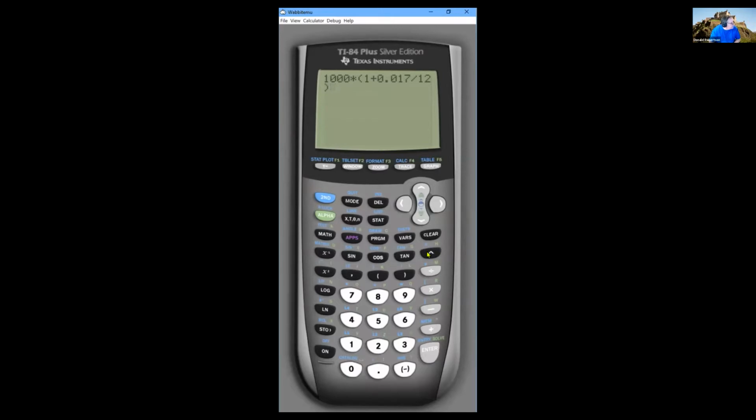There's that caret button, raised to the power. I put a bracket around there just to be safe and go 12 payments over a period of 16 years and close the brackets. And now when I hit enter, you get $13,012.33. Is that a little bit clearer, the buttons, when you see it on the large one?